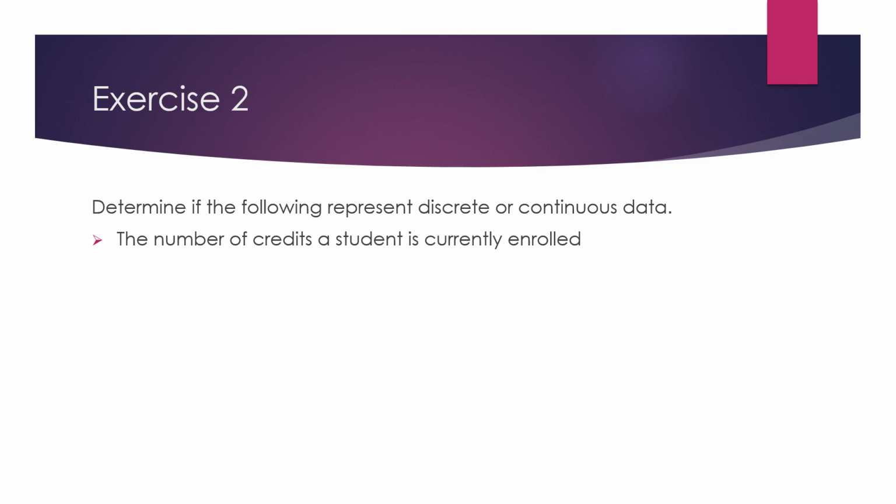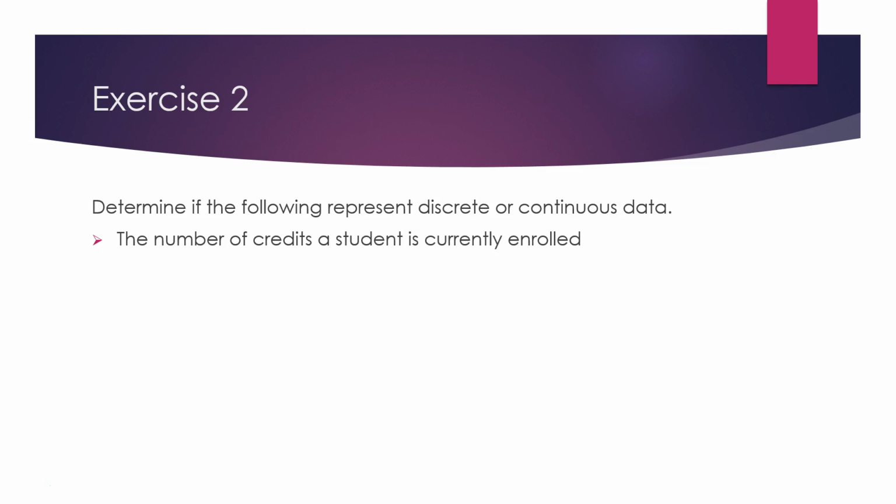Exercise 2. Determine if the following represent discrete or continuous data. The first example is the number of credits a student is currently enrolled in. When a student signs up for classes, most of the time they will be enrolling in 3, 4, or 5 credit classes, maybe a 1 credit class for a seminar or a 2 credit class for something else.